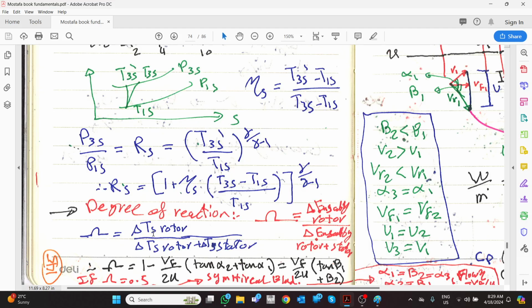In another way, the enthalpy gained from the rotor divided by the enthalpy gained from the rotor plus the stator, which you can also write in terms of the velocities Vf and U, and you can also identify it from other ways.